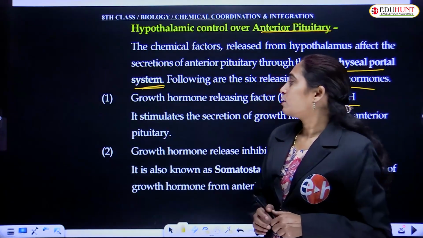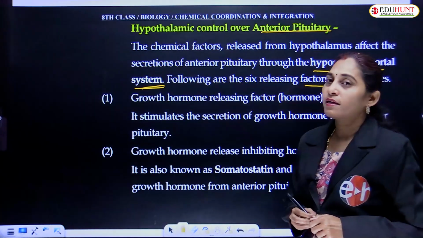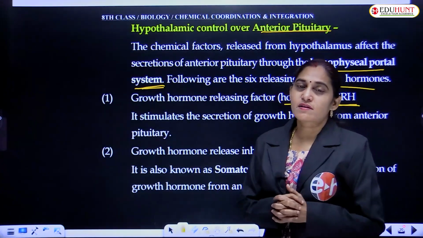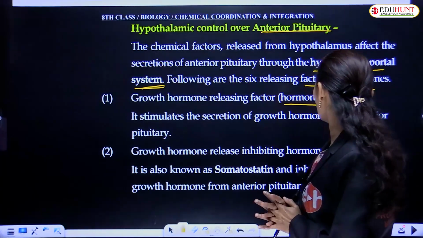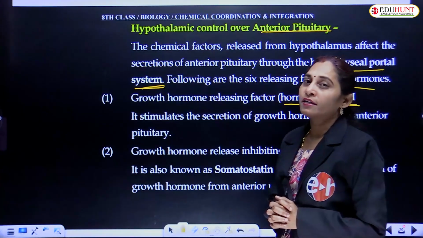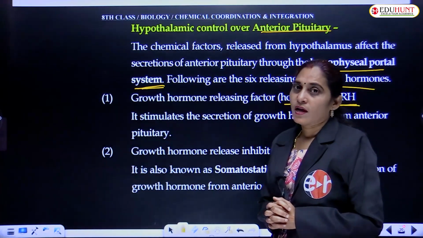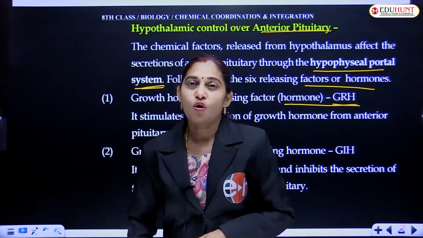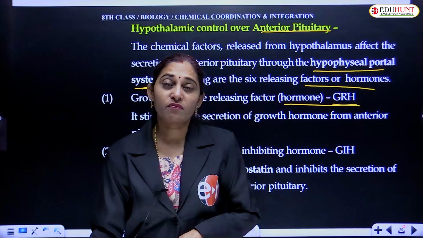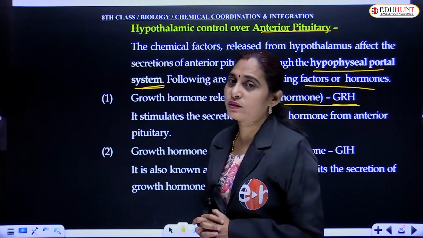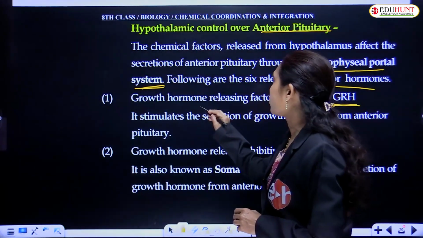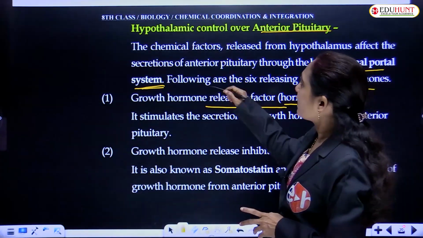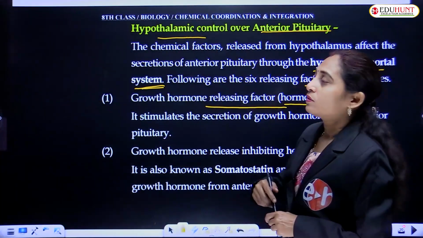First one is the growth hormone releasing factor. Growth hormone releasing factor stimulates the secretion of growth hormone from the anterior pituitary gland. The anterior pituitary gland, which synthesizes the growth hormone, gets stimulated by the growth hormone releasing factor, which is released by the hypothalamus.